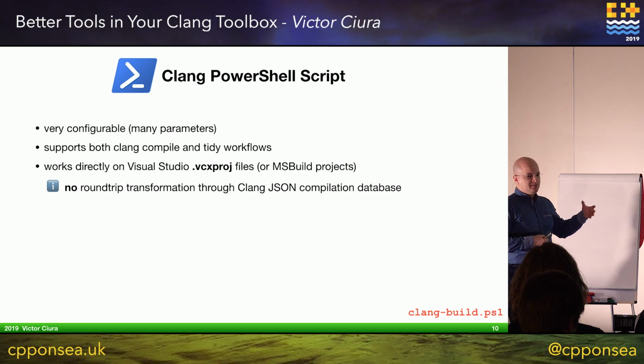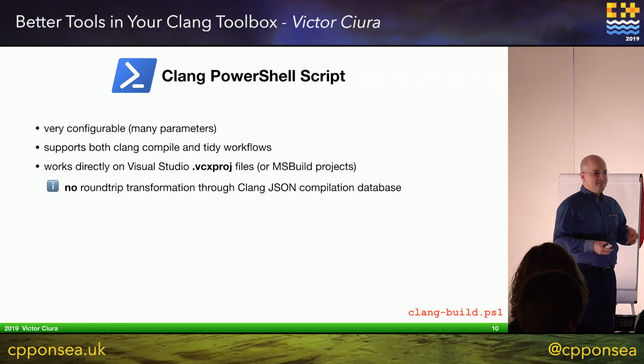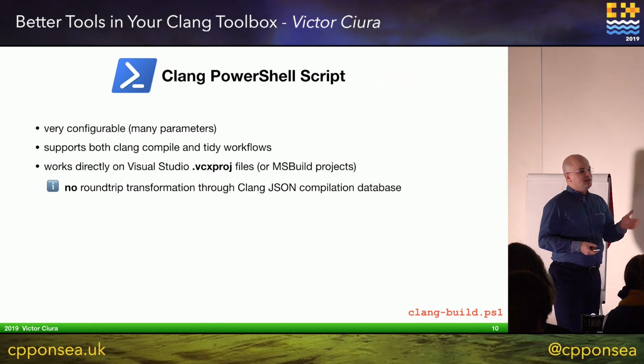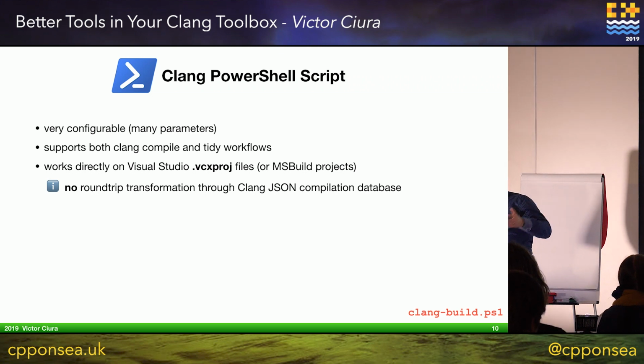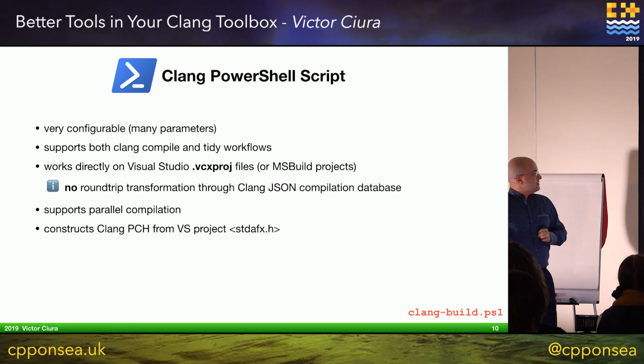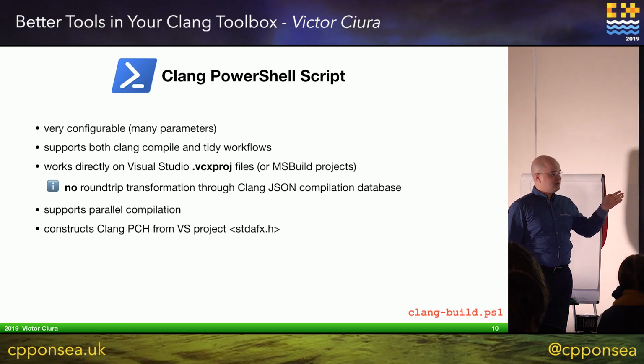The scripts automatically parse the projects and your solution files, and discover and translate all the Visual Studio specific settings into something that Clang can consume. It supports parallel compilation, which is a big deal if you're working on a big project like ours, and constructs Clang precompiled headers.